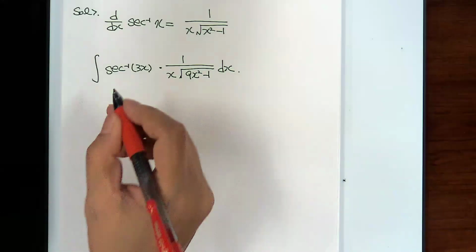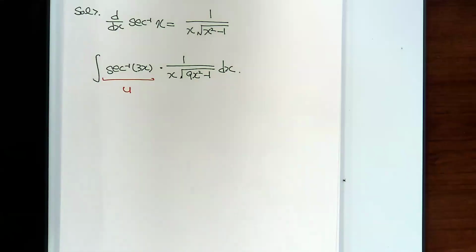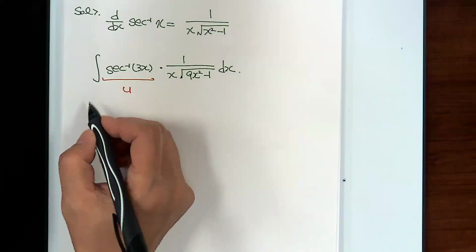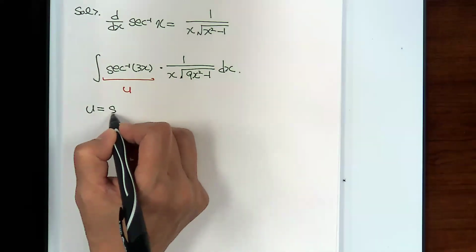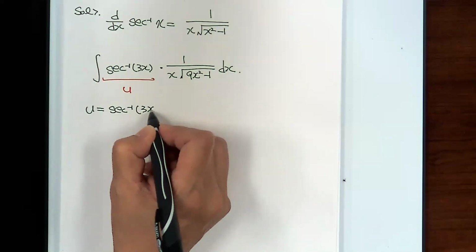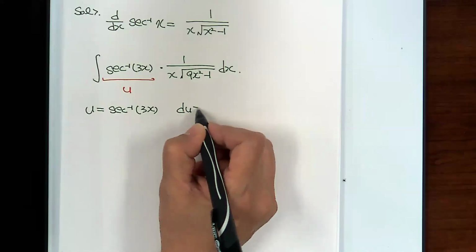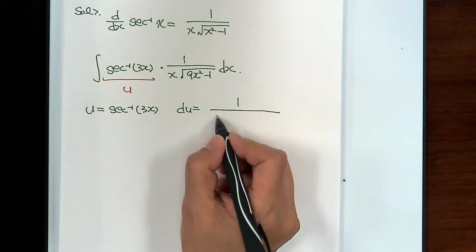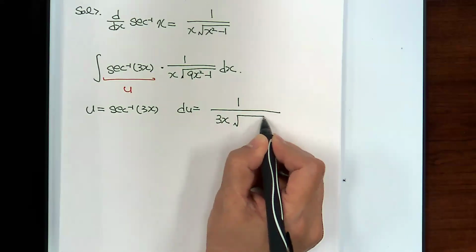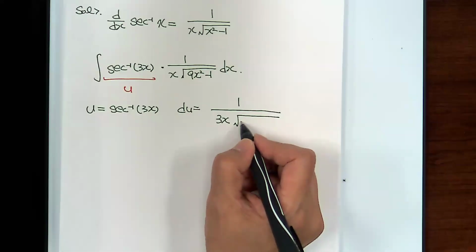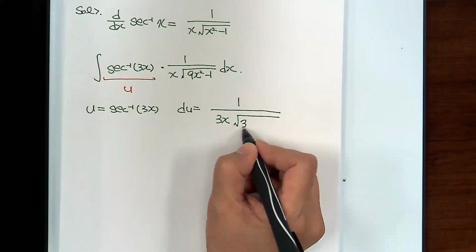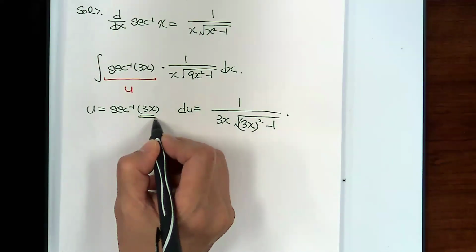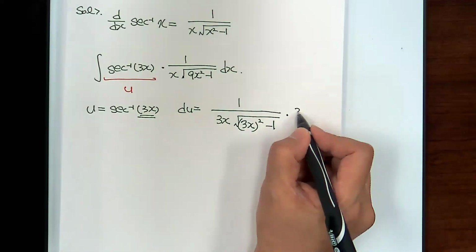So I will put this one as u, and we will differentiate and see how we can compare that with this one. u equals secant inverse of 3x, and then du equals 1 over 3x square root of 3x squared minus 1 times the derivative of the inner part, which is 3 dx.